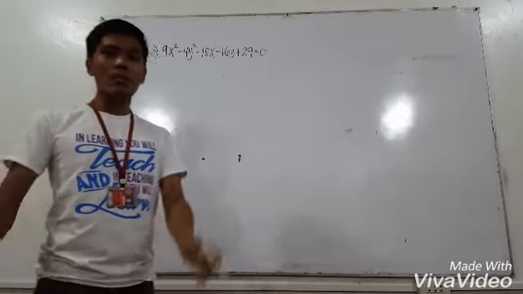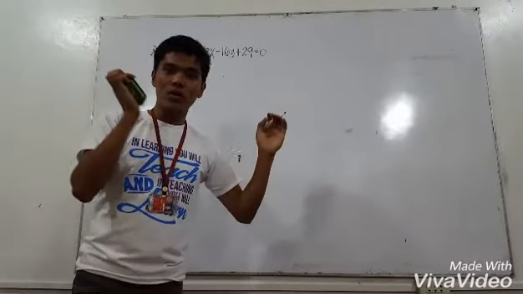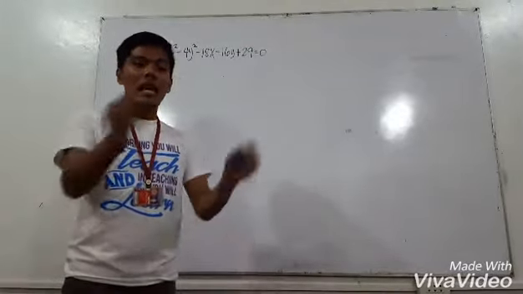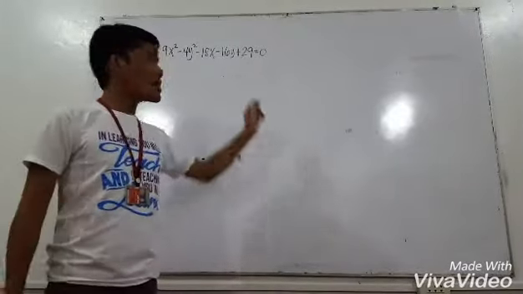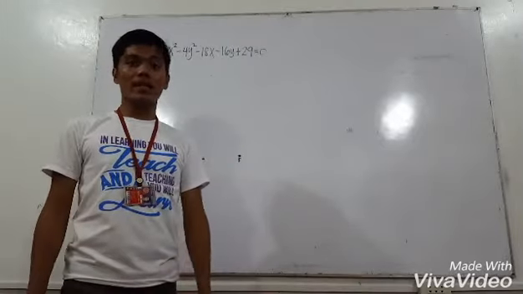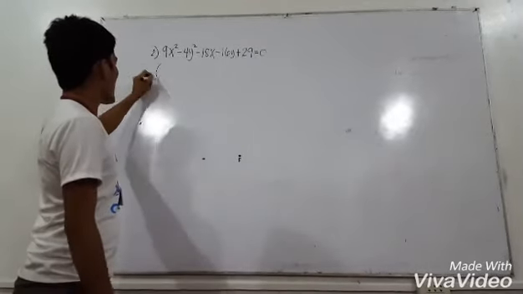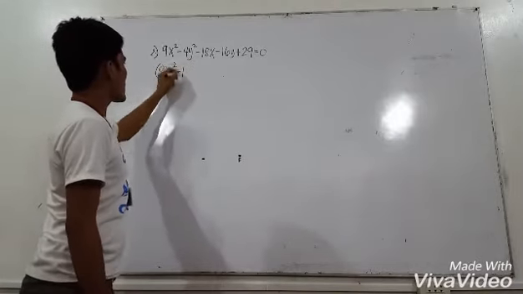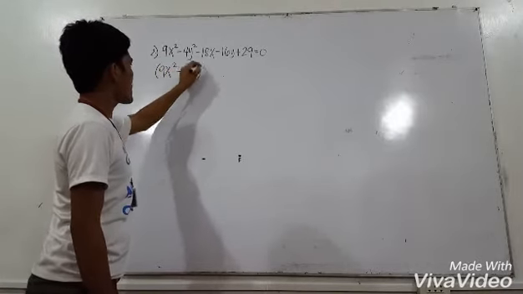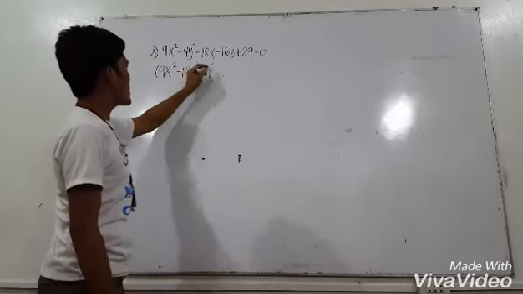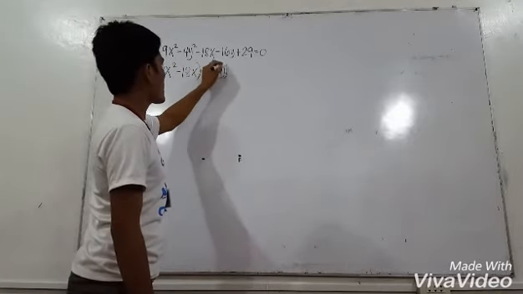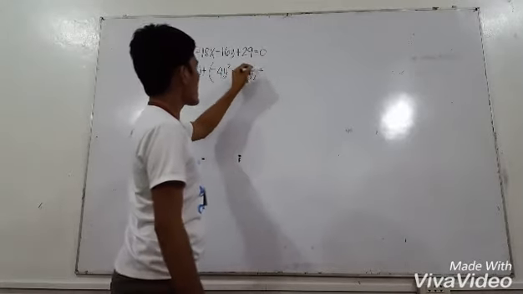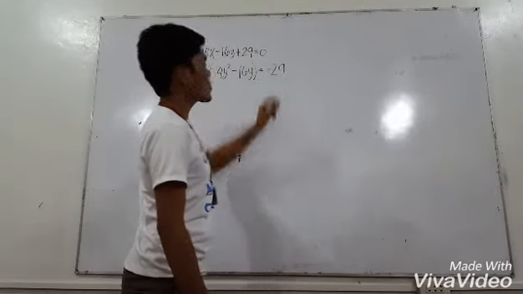So what we'll do then is combine, or group, those same variables. And then for 29 here, we just transpose it to the other side. So we have 9x squared, together with this, minus 18x, and then we have this one, negative 4y squared, and then this, minus 16y is equal to negative 29.